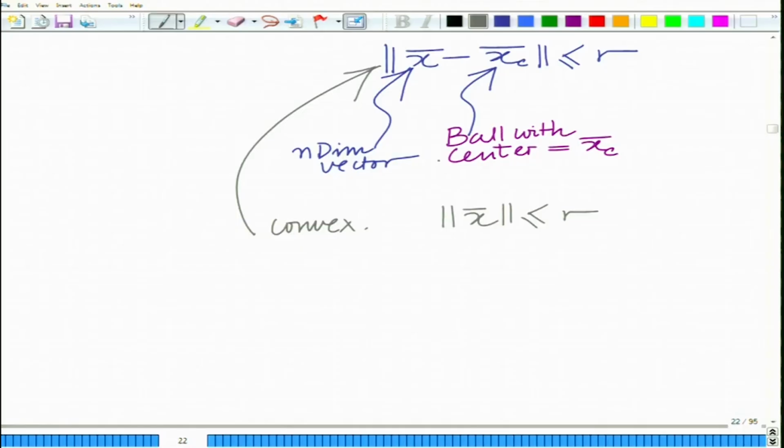To verify this, simply consider 2 points x1 bar and x2 bar. We have to demonstrate that given any 2 points, their convex combination lies in the set.